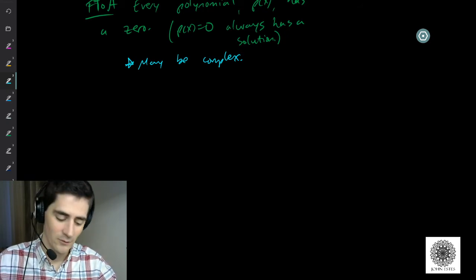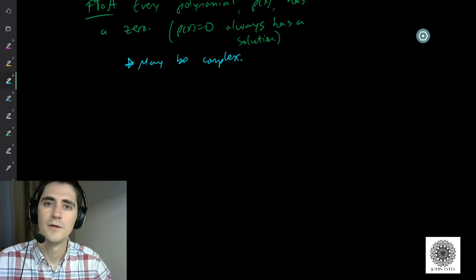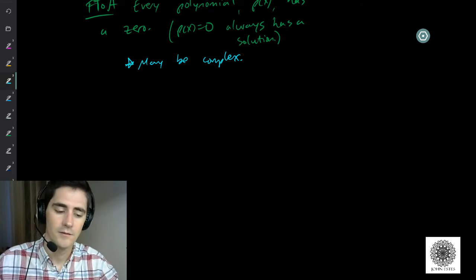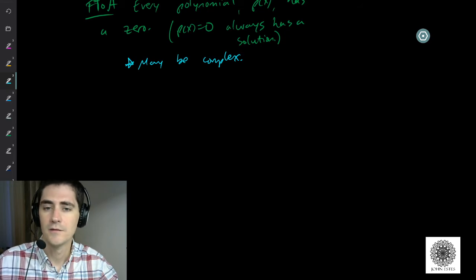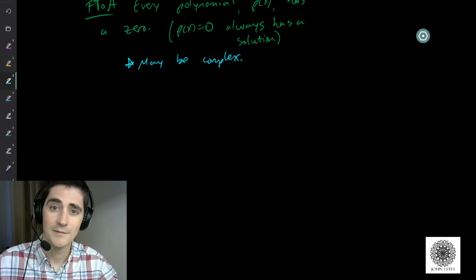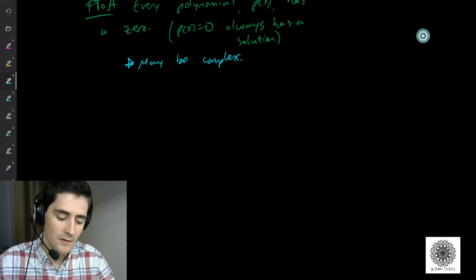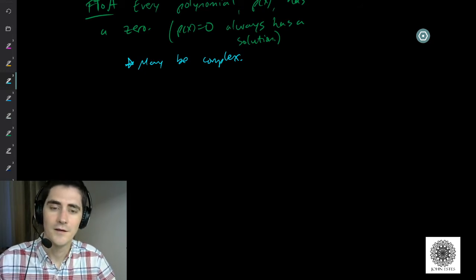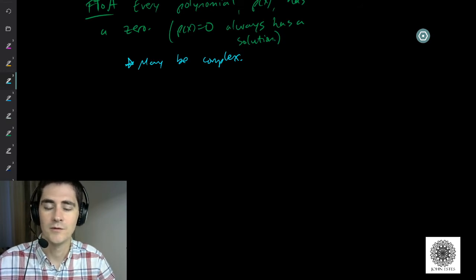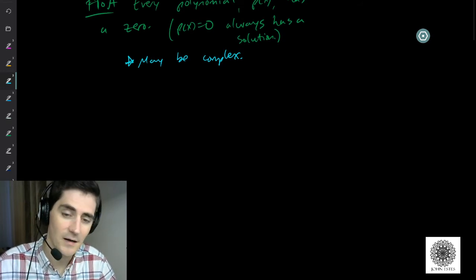When you find a zero, let's call it k, then you can divide your polynomial by x minus k, or in other words, factor out x minus k, and then you have a quotient polynomial. Well, the quotient polynomial is a polynomial as well, so it has a zero. So that means that you can divide by its zero and get a new quotient polynomial, and basically what you're doing is you're factoring.